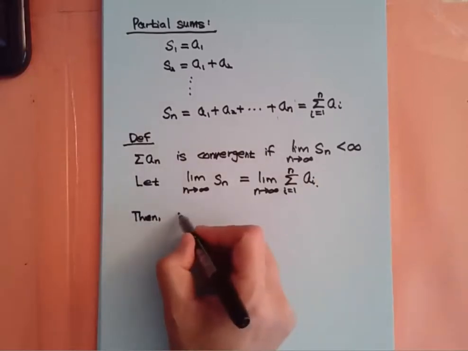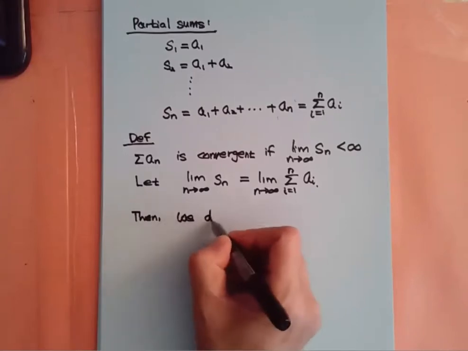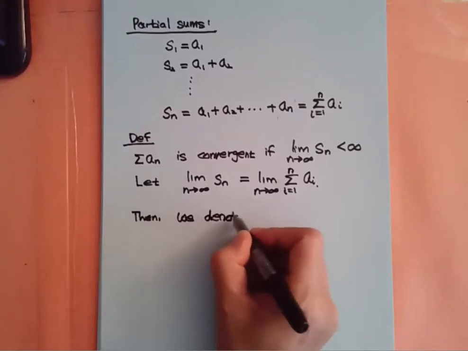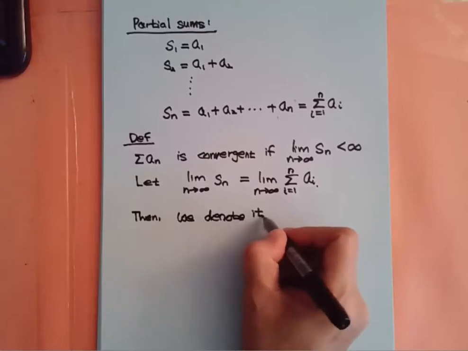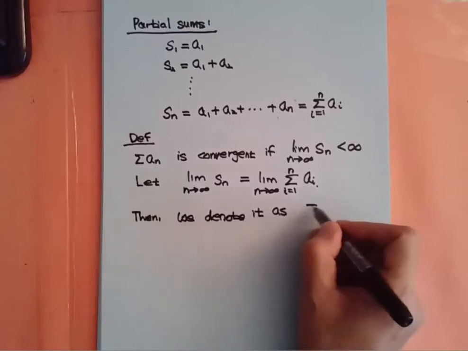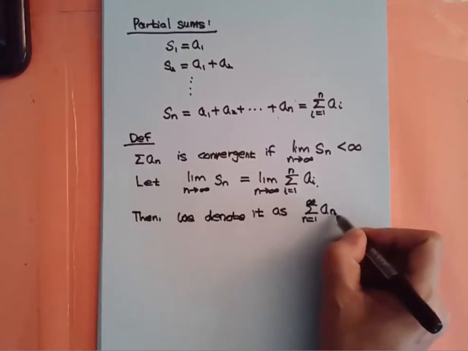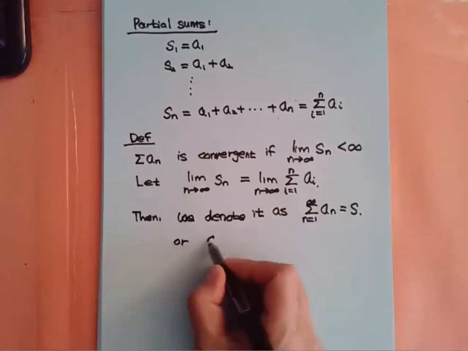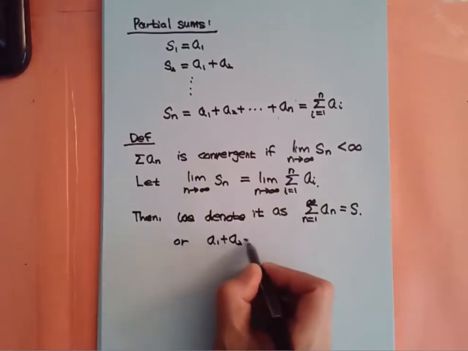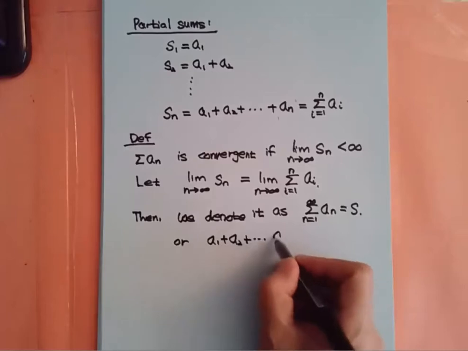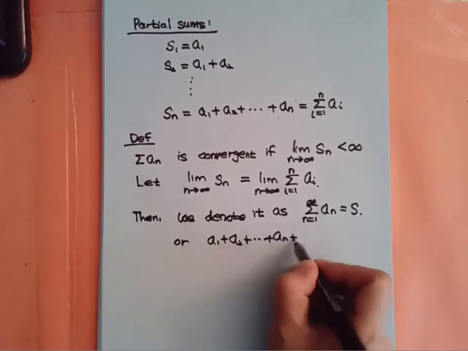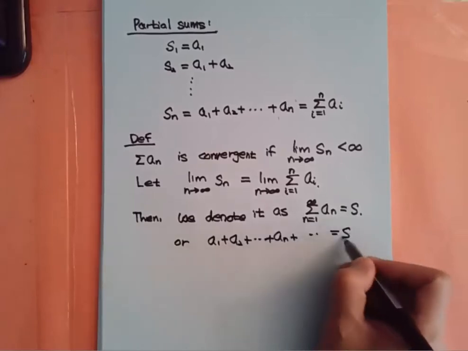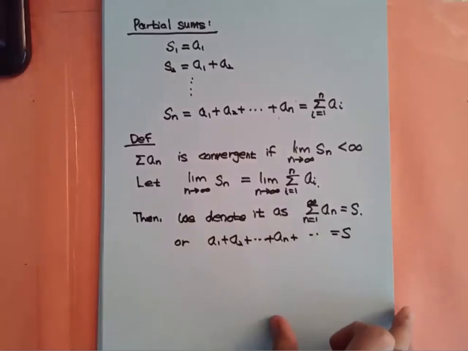Then we denote it as the summation from n equals 1 to infinity of a_n equals s, or a1 plus a2 plus and so on equals s.